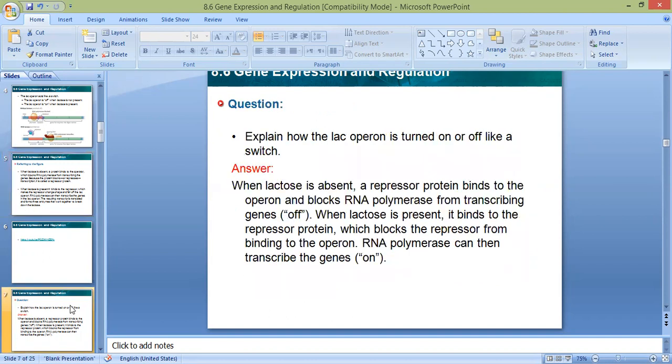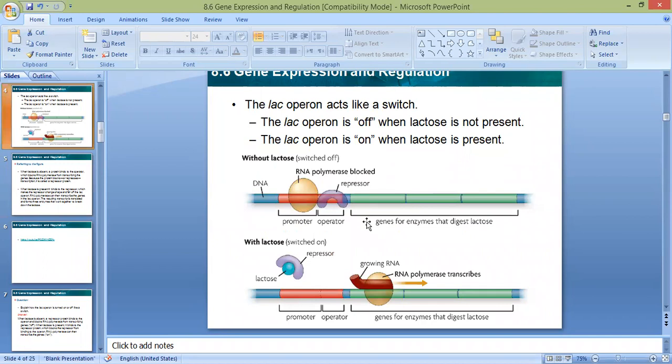So when lactose is absent, الريبريسر بروتين يعني شوفوا انتوا هون هذا الريبريسر بروتين بالعادة it can bind to the operator. بيقدر يمسك في الاوبريتور، بيروح وبيجي، بيمسك وبيروح. فالـ RNA polymerase it cannot always make the gene expression or transcription for the gene.